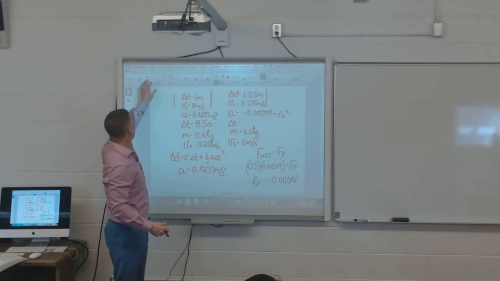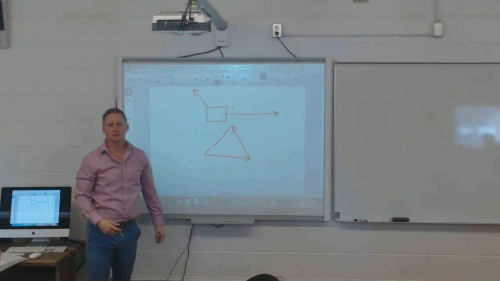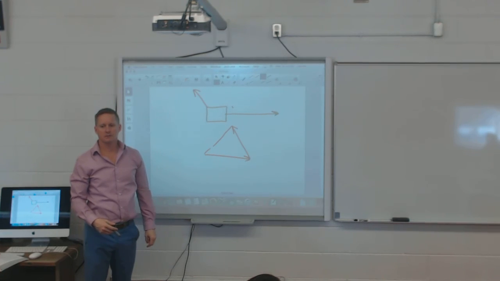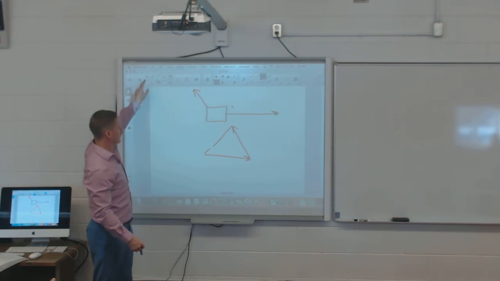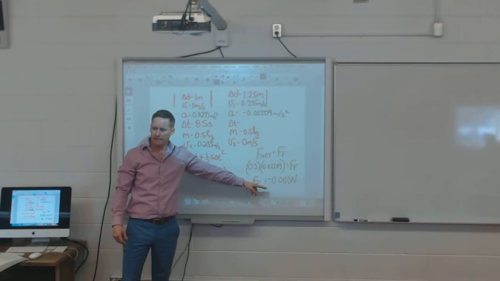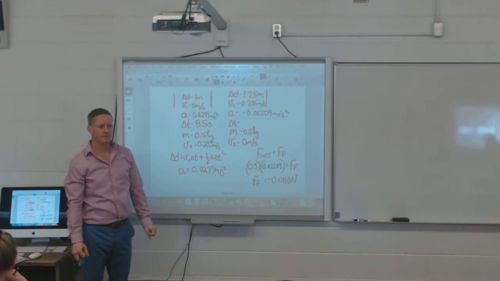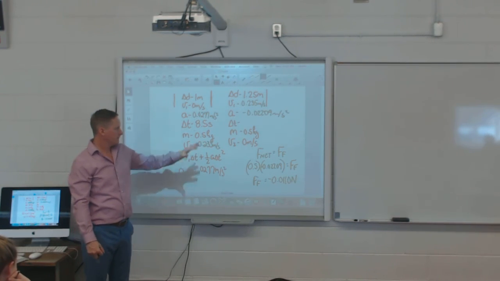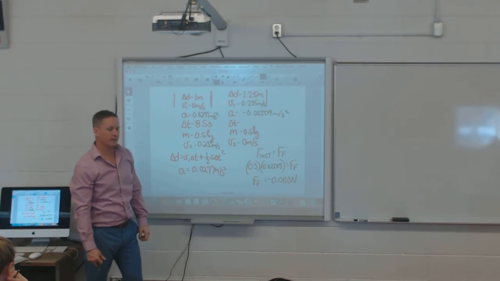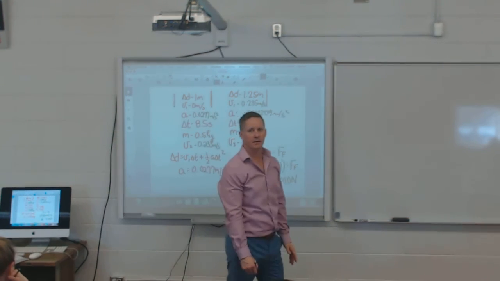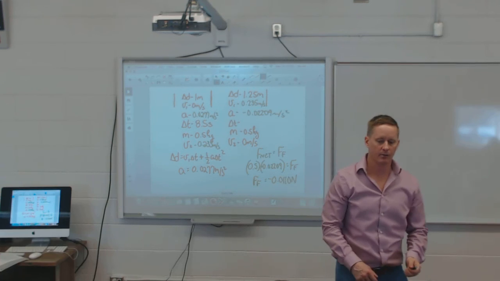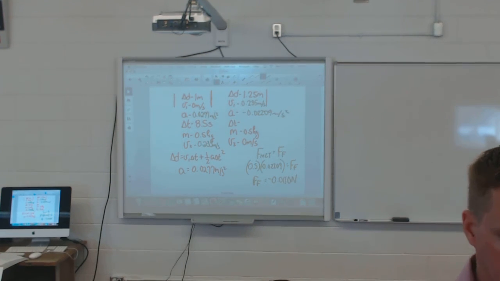The negative 0.011 was the frictional force, opposing its motion. That question is a little bit on the tougher side as well. We looked at a couple yesterday that are tougher. That would be one of them.